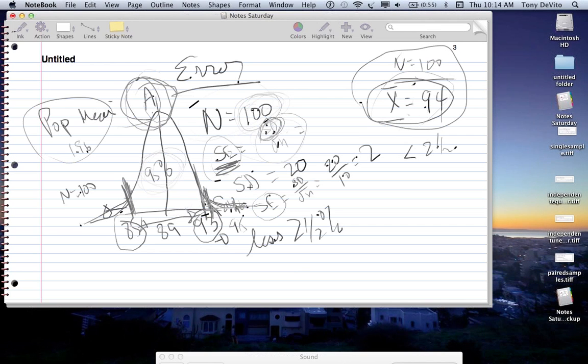If I'm looking at it two-tailed, in other words, before I do the test I don't know whether my new group of 100 is going to wind up being higher or lower, it could be either one, then I have to account for the lower tail also, 2.5% at the bottom and 2.5% at the top. So the likelihood of a result for 100 people being more extreme than 94 is less than 5%. That's the probability of that occurring if it's part of this population.